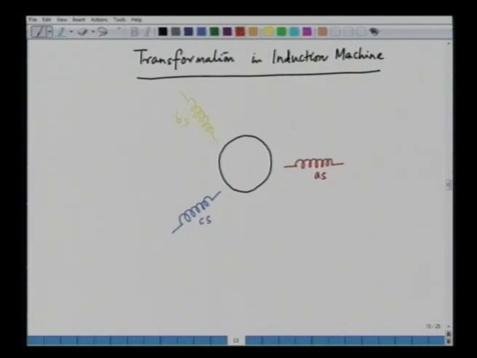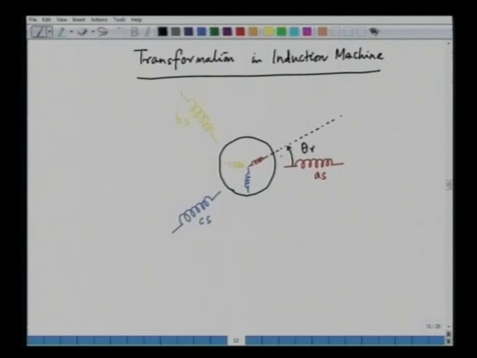And in a similar way, we can take the rotor, this is the rotor, this is phase C of the rotor, and this angle is the rotor angle, that is theta r.